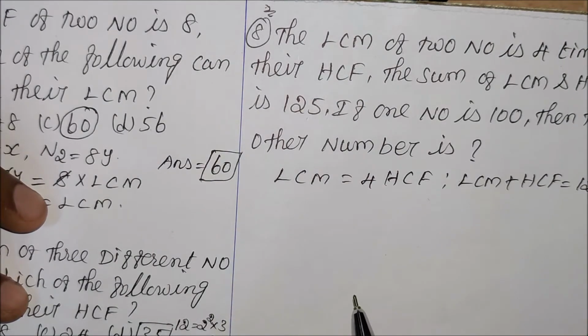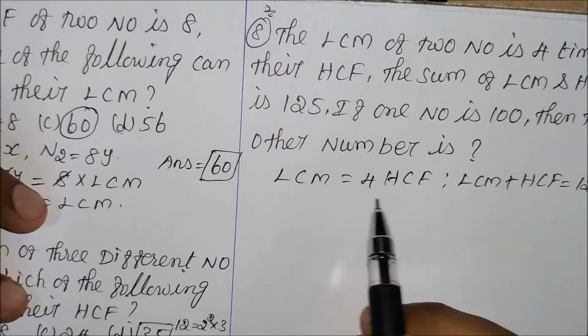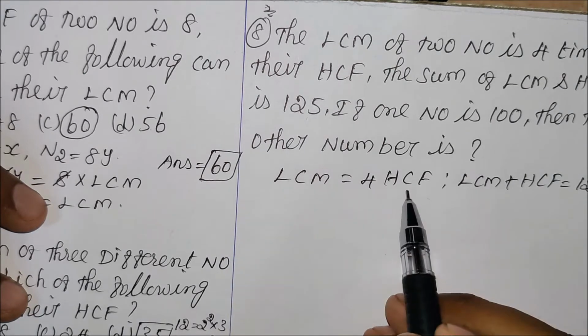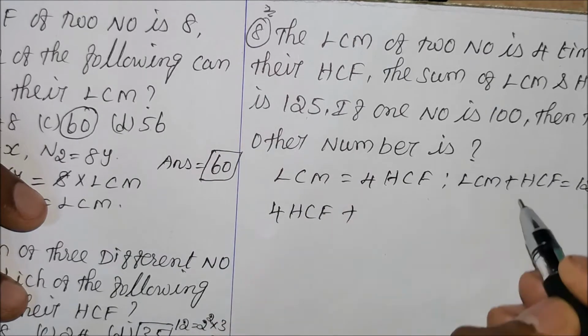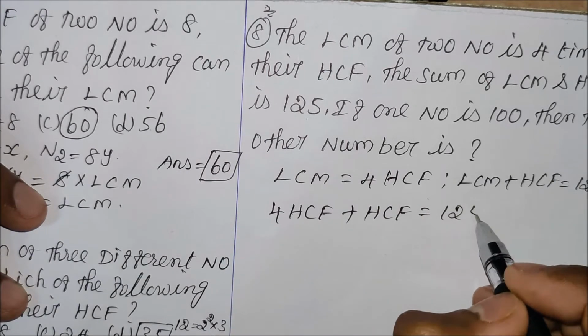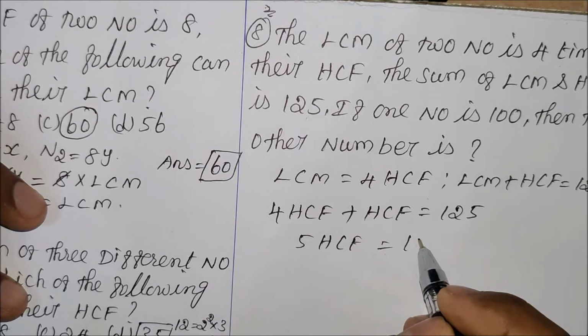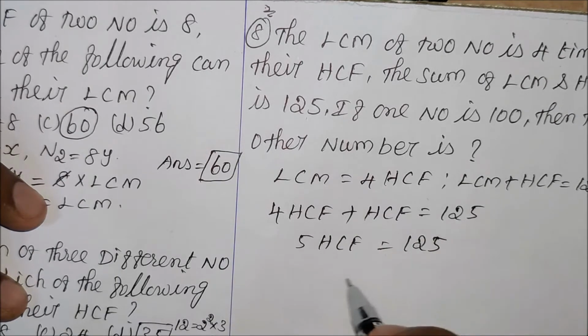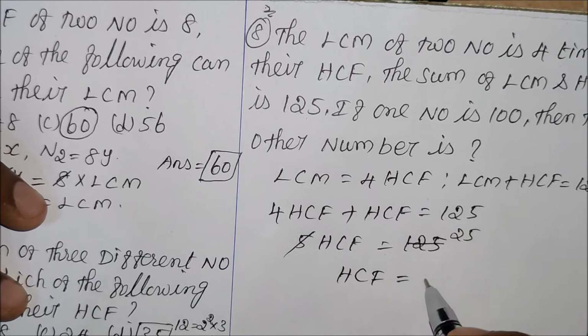Now, instead of LCM I take 4 HCF, because LCM is equal to 4 HCF. So 4 HCF plus HCF equals 125, that is 5 HCF is equal to 125. So HCF is equal to 25.